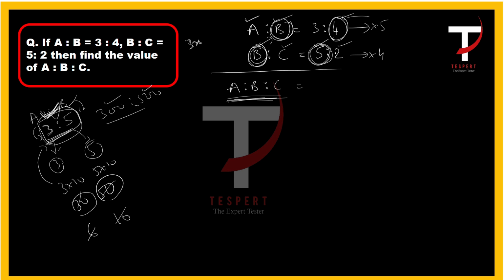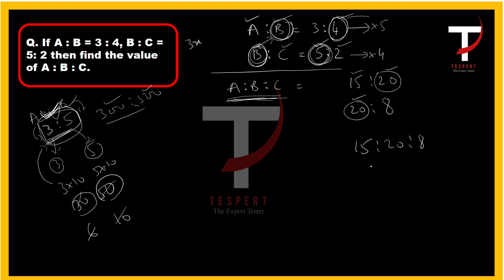So now what happens here is 5 into 3 is 15 is to 5 into 4 is 20, 5 into 4 is 20 is to 4 into 2 is 8. Now what happened? The value of B is the same now, right? So the ratio of A, B and C is 15 is to 20 is to 8.